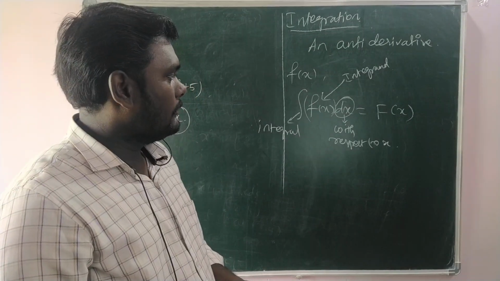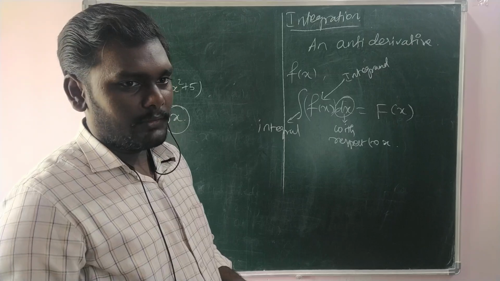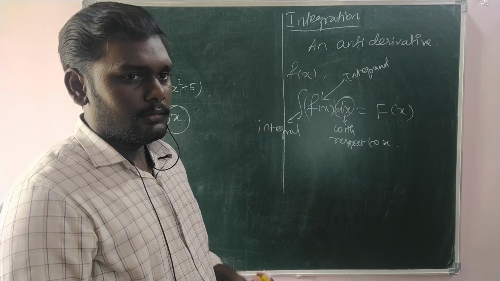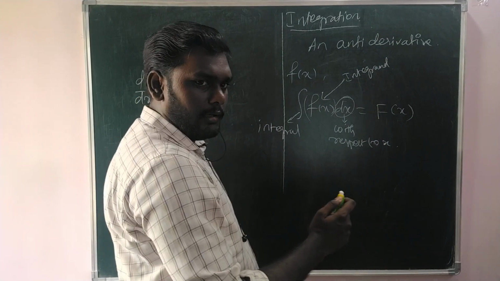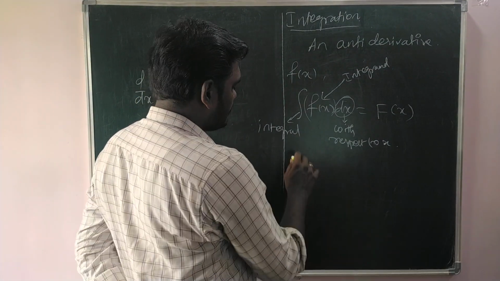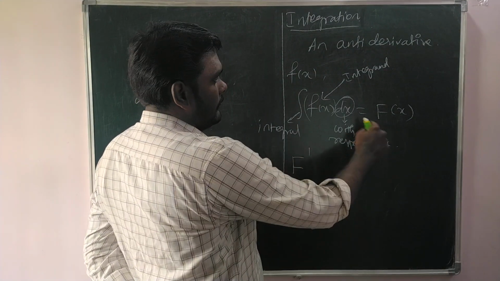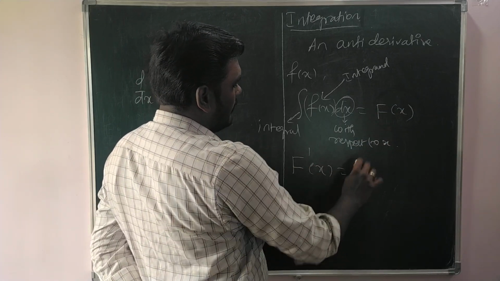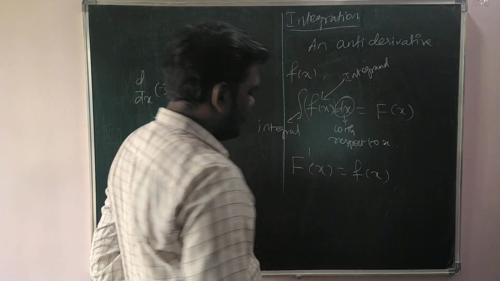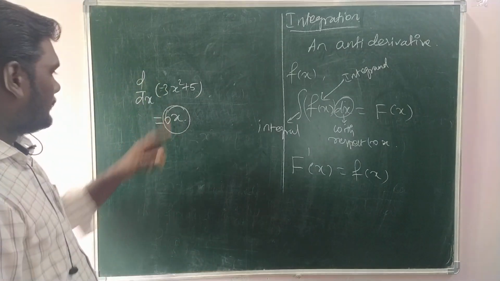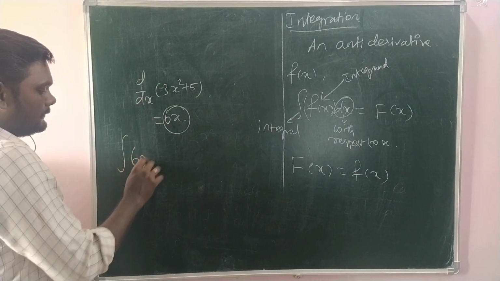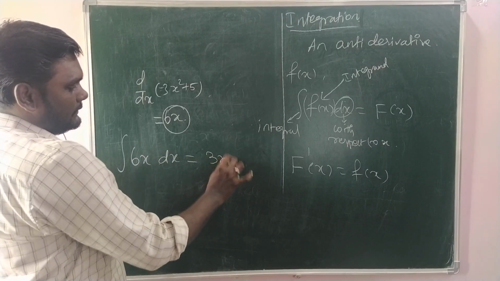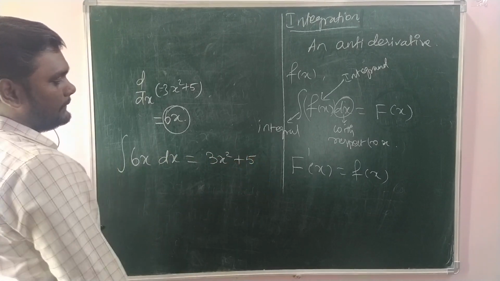Now this capital F of x means that F dash of x, this function's derivative, is our f of x. Suppose the integral of 6x dx gives 3x square plus 5, right?